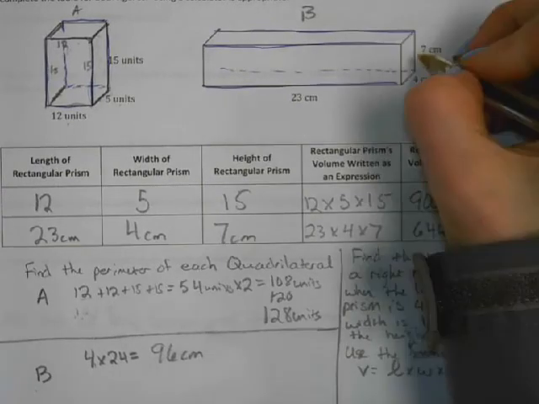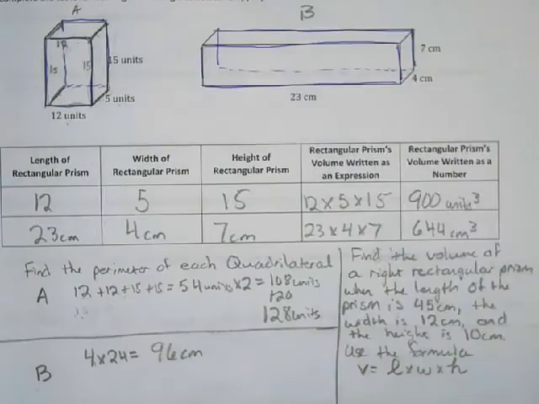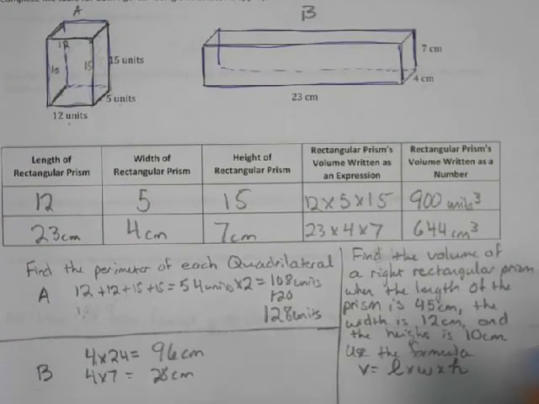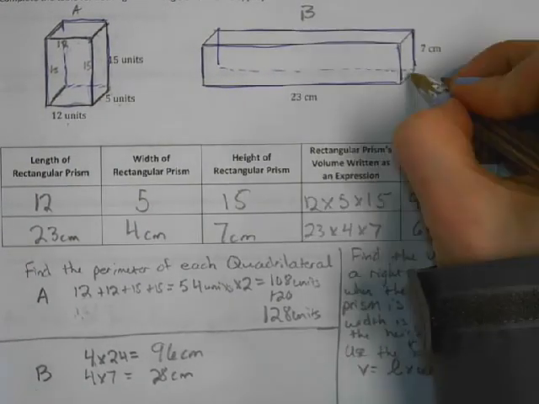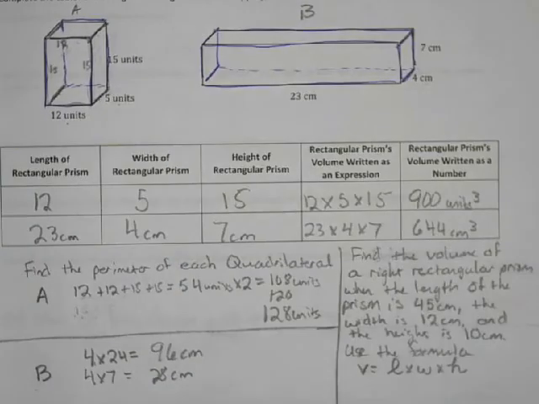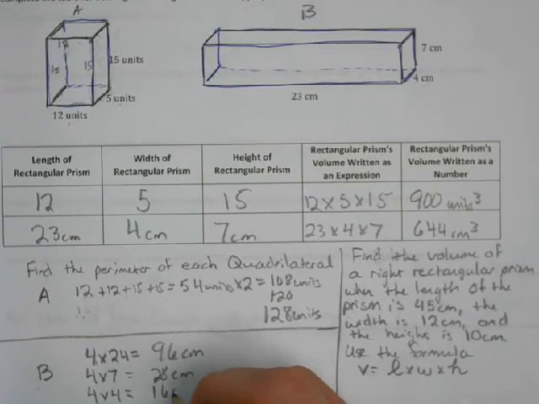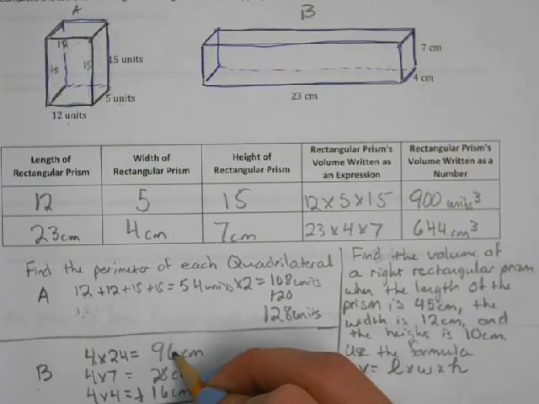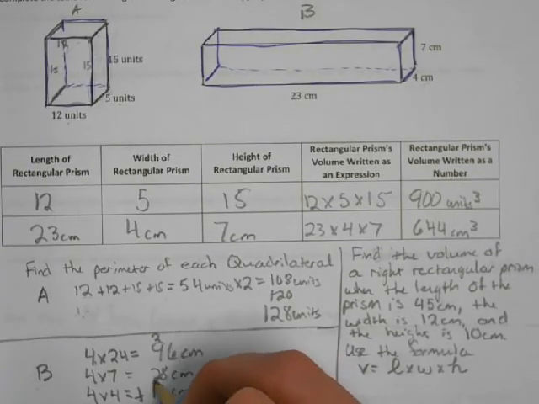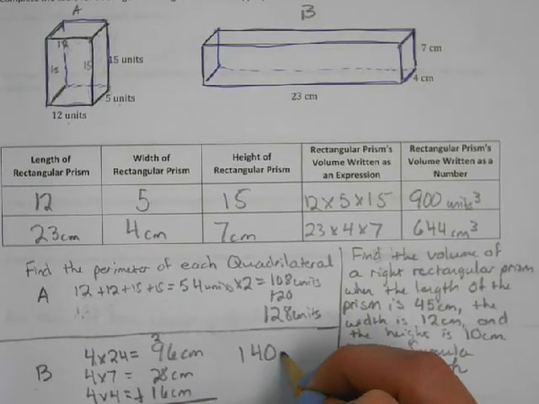And then I have to do 1, 2, 3, 4, so that's 4 times 7, 28 centimeters. And then I have to do my other side, which is 1, 2, 3, 4, and that is 4 times 4, which gives you 16 centimeters. If we add that all together, 6 plus 6 is 12, plus 8 is 20, carry your 2. 9 plus 2 is 11, plus 2 is 13, plus 1 is 14. So your perimeter of this one would be 140 centimeters.